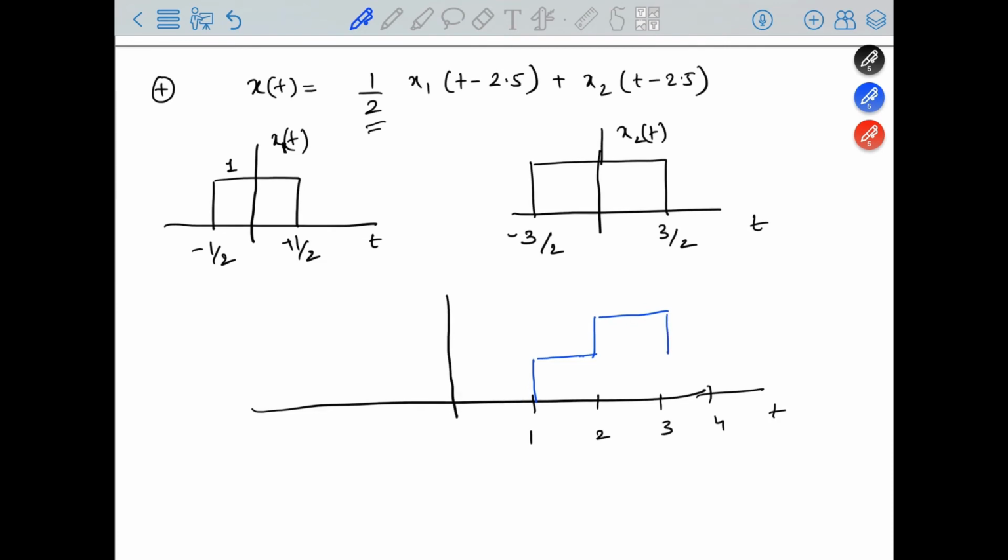You can plot it in MATLAB or any other software as well, and you will find that this will be your x(t). So this is the graph of x(t). Now we are going to get the Fourier transform of x(t), which is the combination of these two signals x1(t) and x2(t), and we will use the properties of time shifting and linearity to find the Fourier transform of this signal.